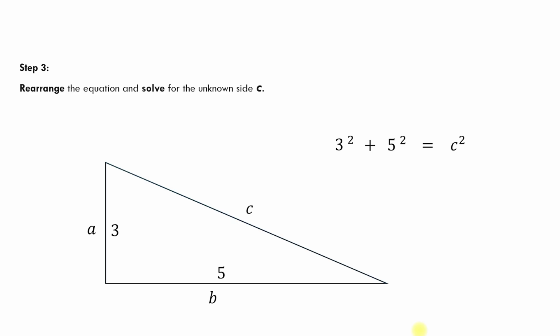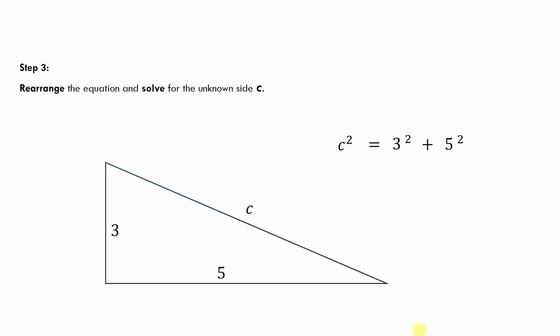We'll simplify that a little bit more, but before we do, we're going to rearrange our equation a little bit. It's usual to place the variable or the unknown that we're trying to find on the left-hand side of the equation and all the numeric values on the right-hand side. So let's just rearrange our equation a bit. We can flip it around so we have C squared equals 3 squared plus 5 squared.